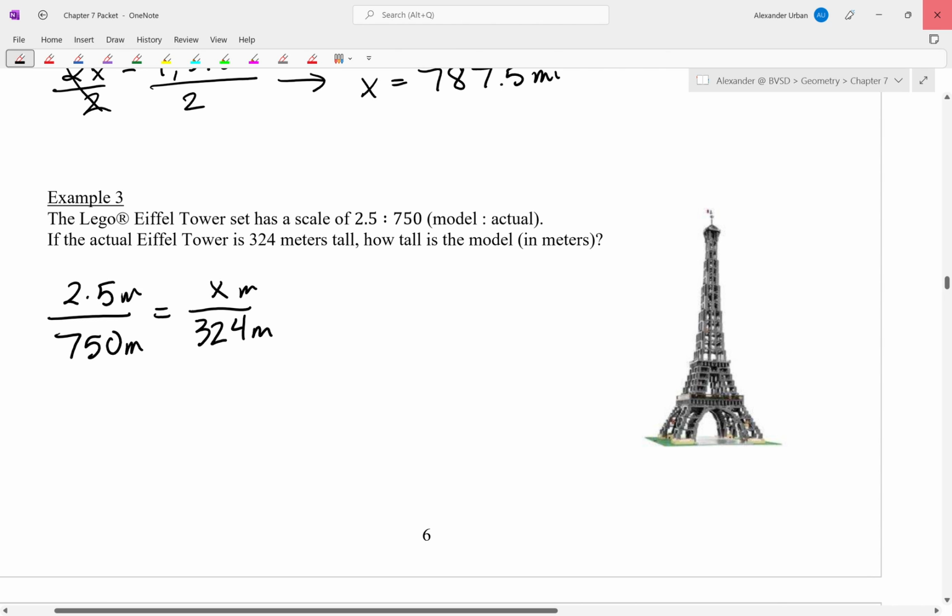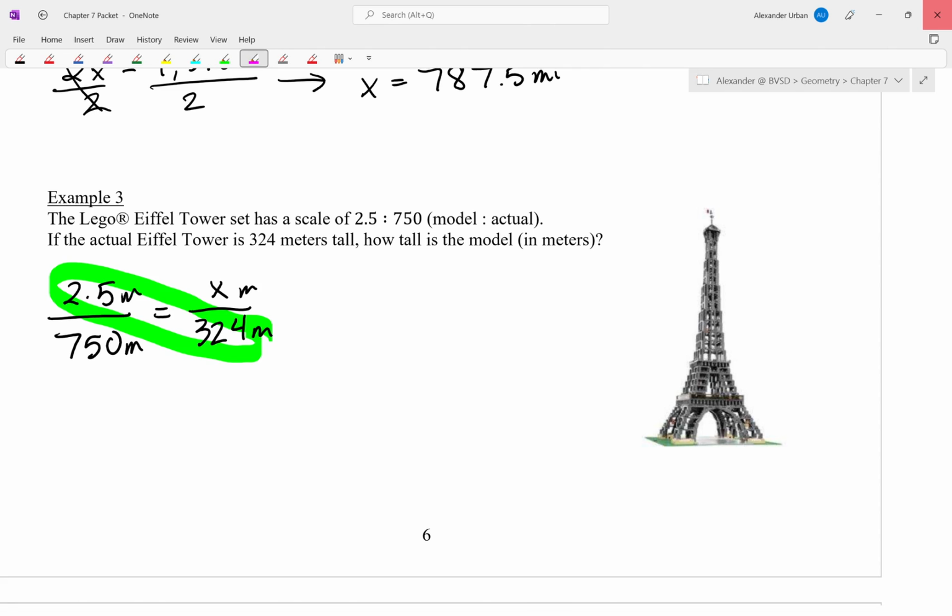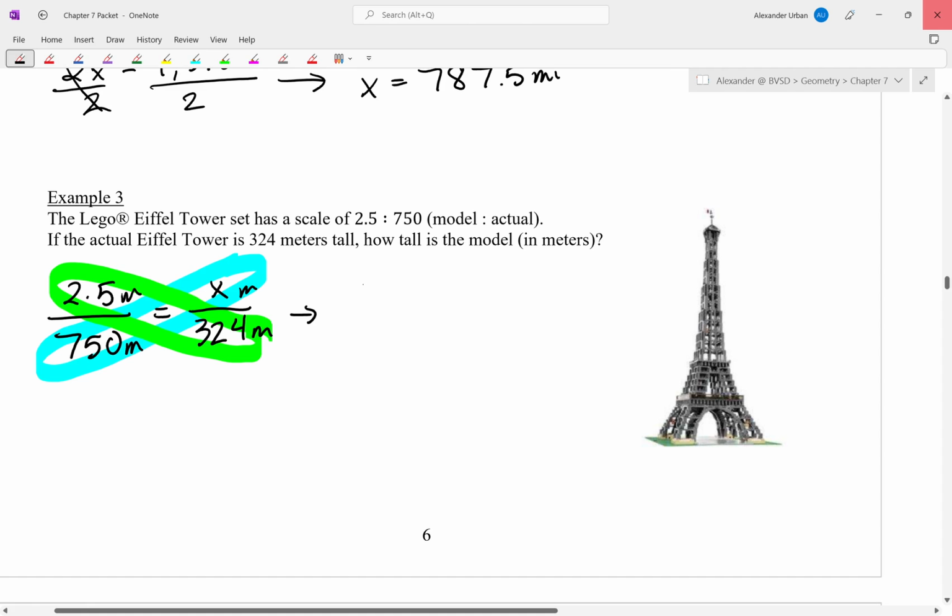Well, this looks like to me, again, another cross multiplication problem. So I'm going to cross multiply the 2.5 and the 324. I'm going to cross multiply the 750 and the x. I'm really not doing anything special. You guys are getting pretty darn good at this, so let's keep on keeping on.